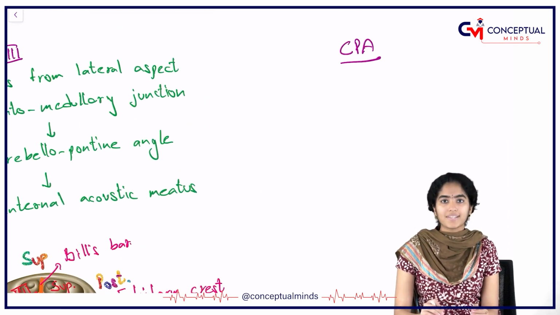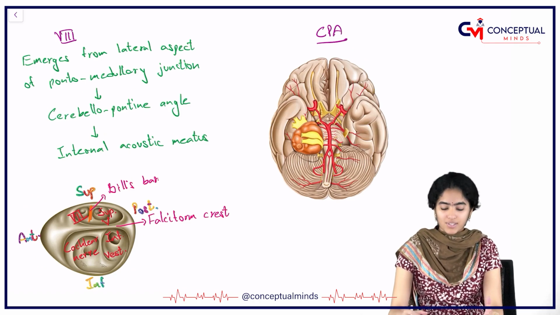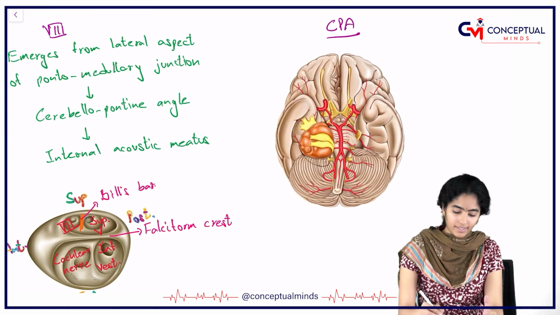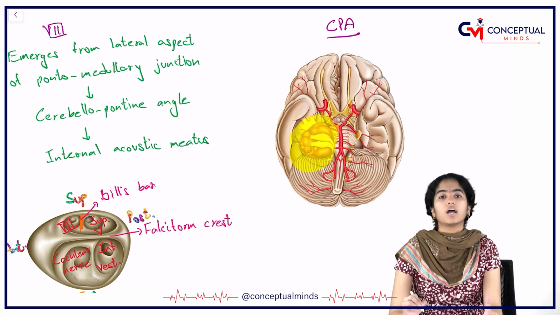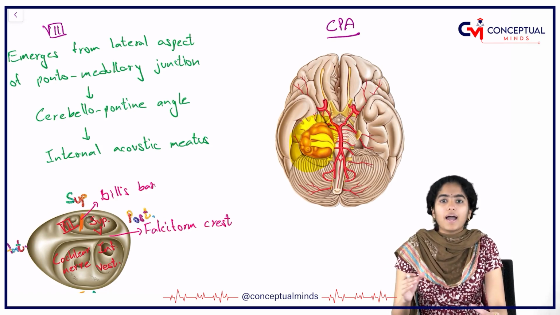You must also learn about the cerebellopontine angle. The picture that you are seeing here is of an acoustic neuroma that is present in the cerebellopontine angle. Now please understand that this is the cerebellopontine angle. It is actually a shallow triangular depression in between the cerebellum and the pons.